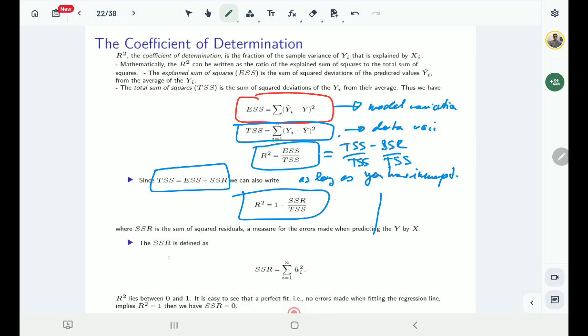SSR is basically the sum of square residuals. So u hat is called residuals, that is the error estimates. You see, whenever you have a hat, u hat is called residual, but u without hat is actually the error term. You have to be careful with that.